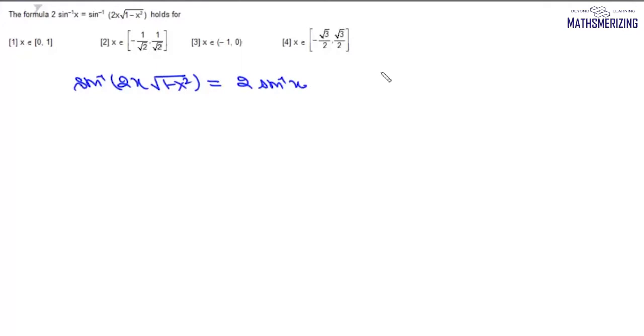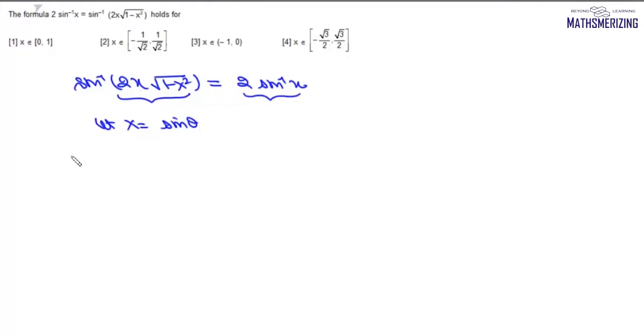x. Now we look at this expression on the left hand side, 2 sine theta into cos theta, which is sine 2 theta. So we can take x as either cos theta or sine theta. And looking at the right hand side, we know we need sine inverse of x. So what we'll do is we'll let x as sine theta.